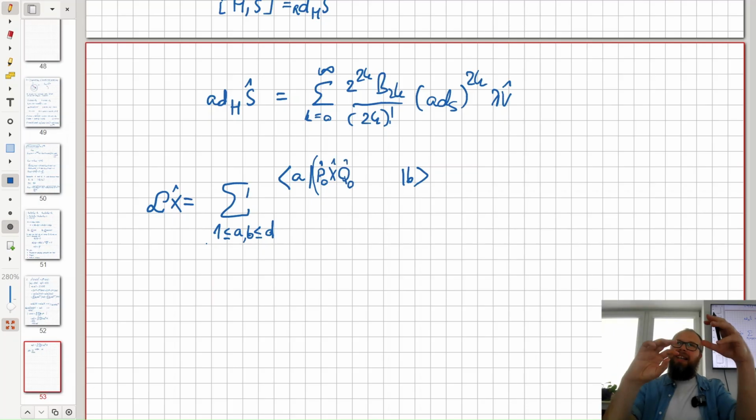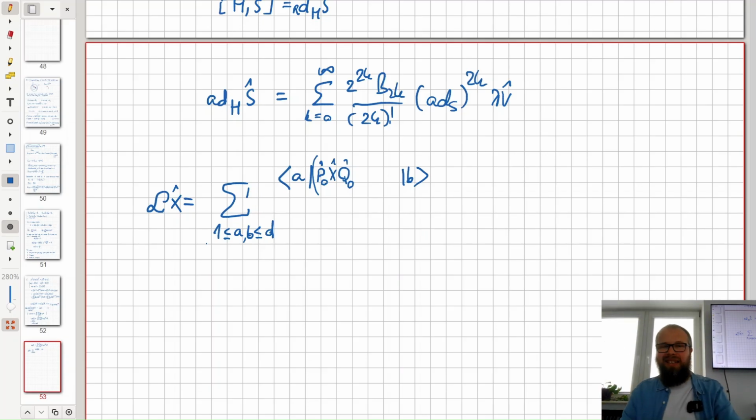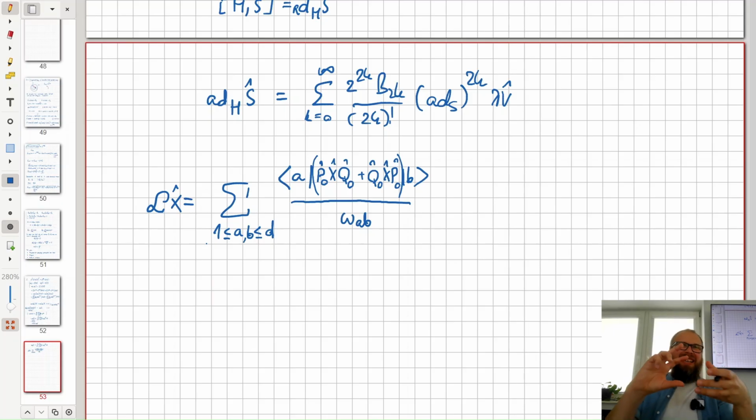So you take cuts, leaving only stuff that's off-diagonal, okay? But it has to be symmetric, so it also does something like this. Then you have it divided by omega IB. We've already seen this kind of thing: a matrix element divided by the energy difference, and the superoperator has to bring us back to the operators.